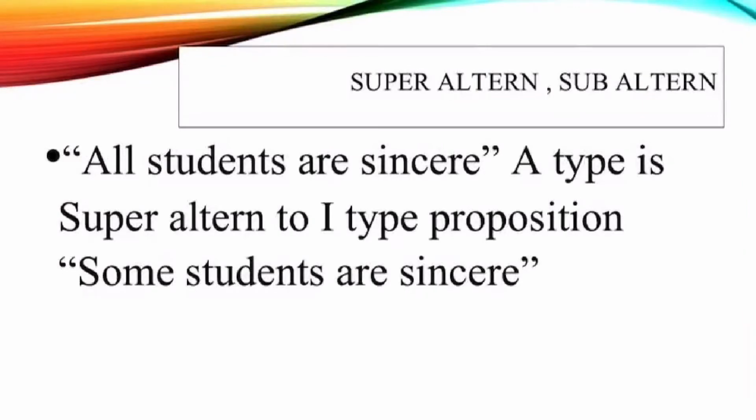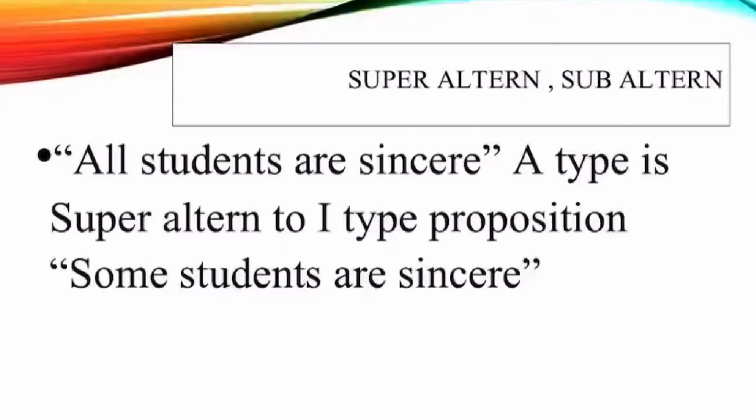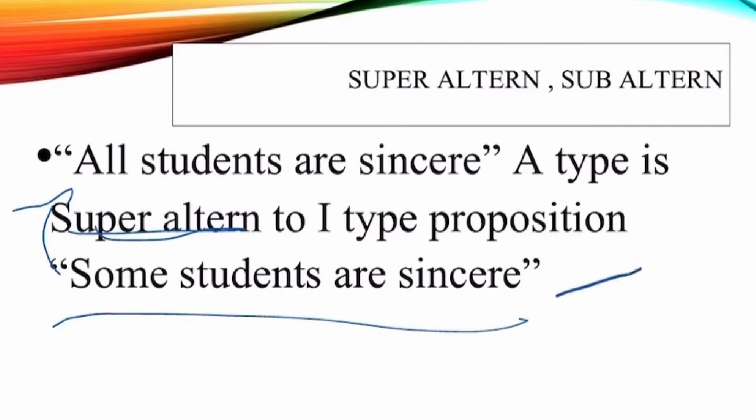Here, all students are sincere is superaltern to the proposition some students are sincere. This I-type proposition is subaltern to the A-type proposition. If this superaltern is true, then the subaltern is also true. And if the superaltern is false, then the subaltern is also false.